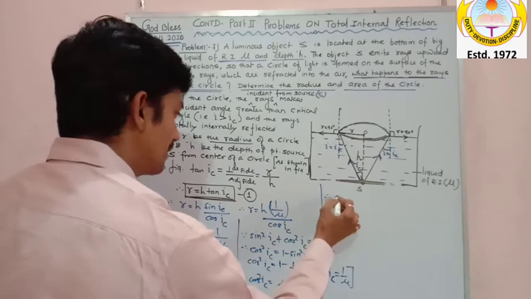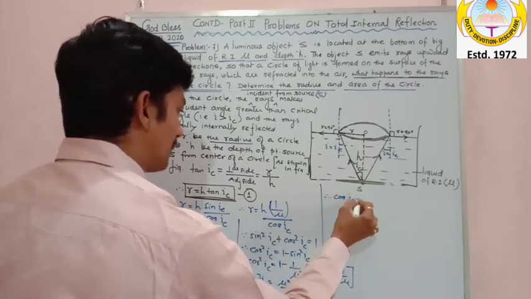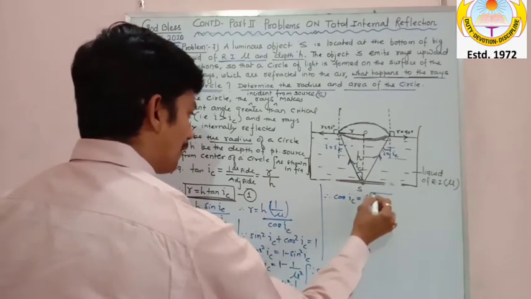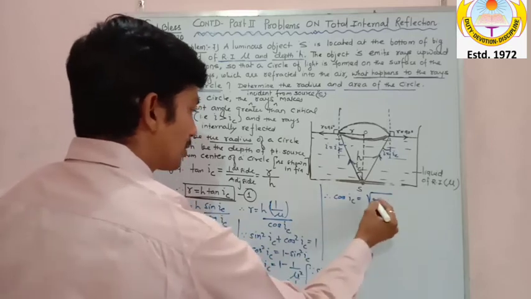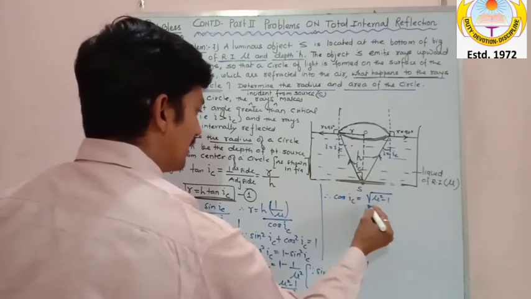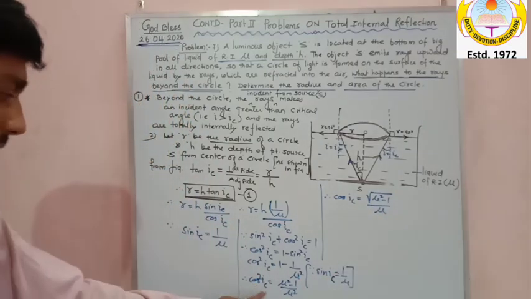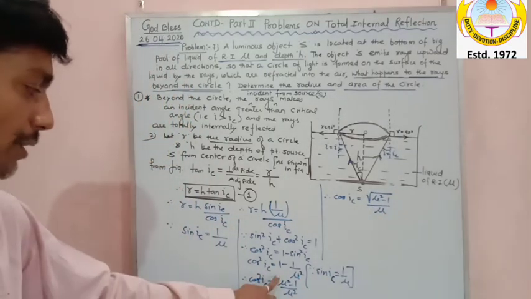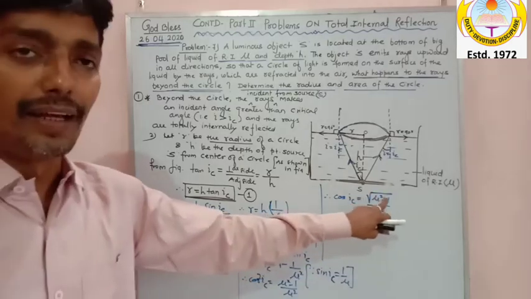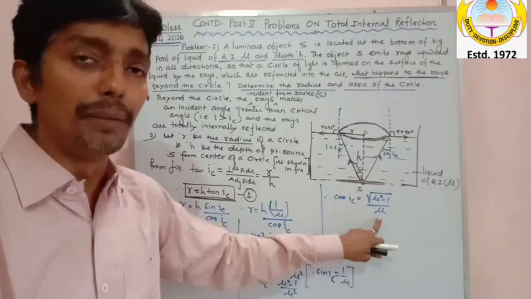Hence, cos IC will be nothing but under root of mu square minus 1, whole upon mu. Because this is cos square IC, when I take cos IC, the numerator goes in square root and the denominator will be mu only.